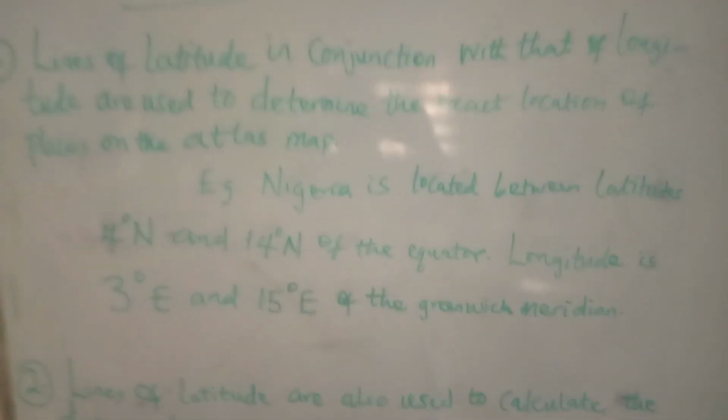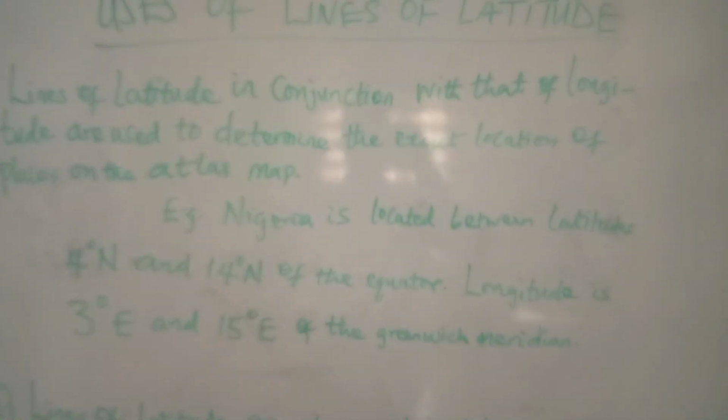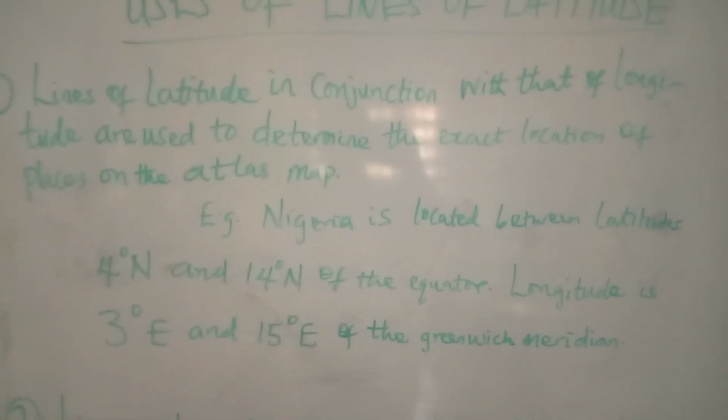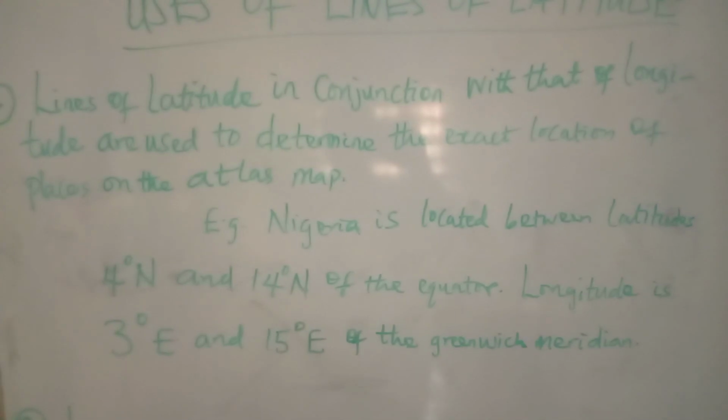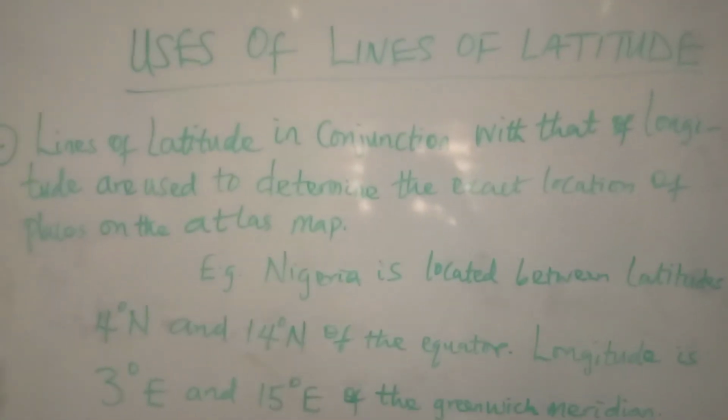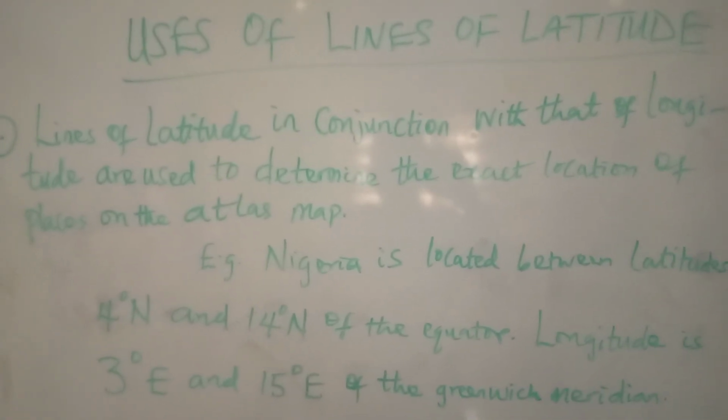So we use lines of latitude and lines of longitude to determine the exact location of a place through our GPS. Yes, that is the new machine used for this, GPS.